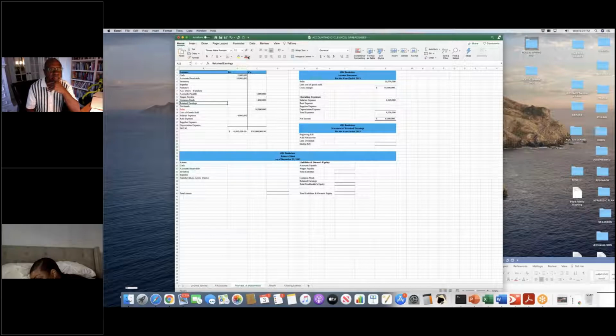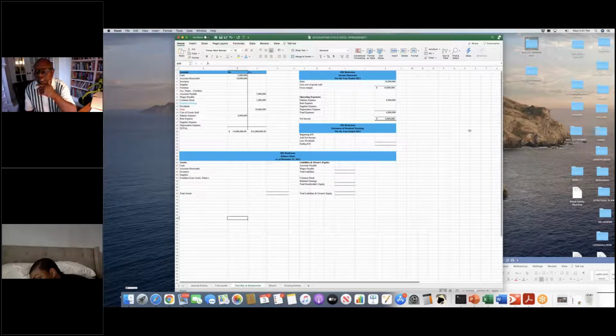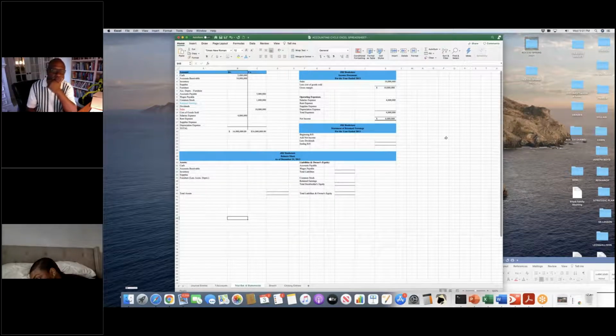And everything from retained earnings up goes on the balance sheet. So when you're preparing a balance sheet, everything from retained earnings up goes on a balance sheet.